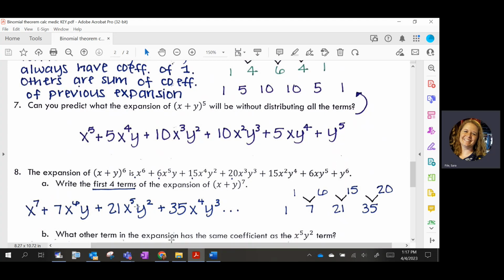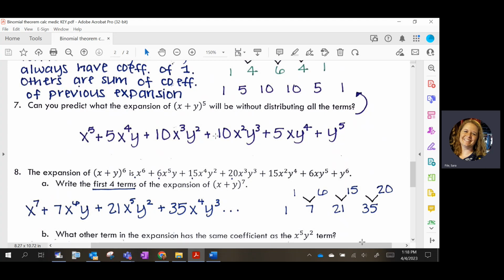Okay, and then can you answer part B? What other term in this expansion would have the same coefficient as x to the 5th y squared? What do y'all think? Let's look at some of the previous problems, some that have the same coefficient.